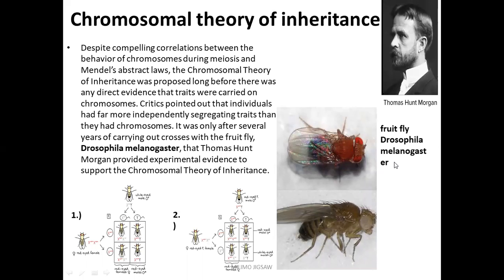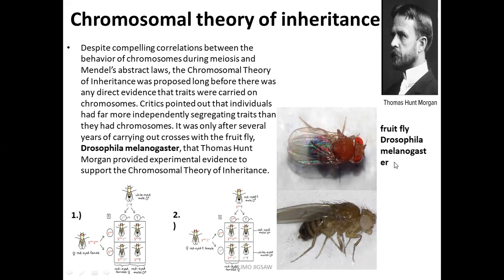And this mutation was located on the X chromosome of the Drosophila melanogaster. So we see that there was a correlation between the behavior of chromosomes during meiosis and Mendel's abstract laws.